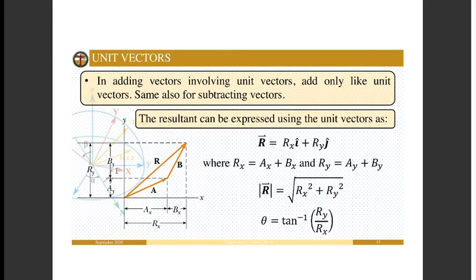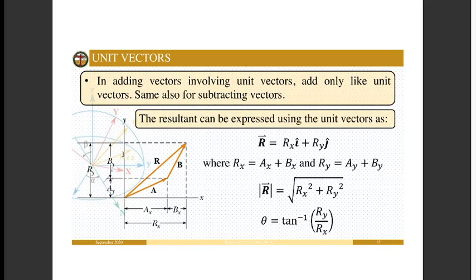So we are done with getting to know the components of a vector. Now, how can we add vectors using components na? How can we subtract them? So what you're going to do is like this one. For example, sa graphical method mo, in components kasi, we have to find the x and y components.